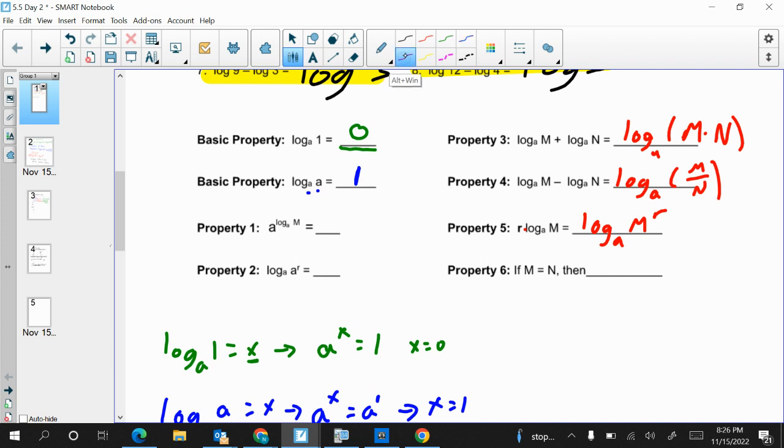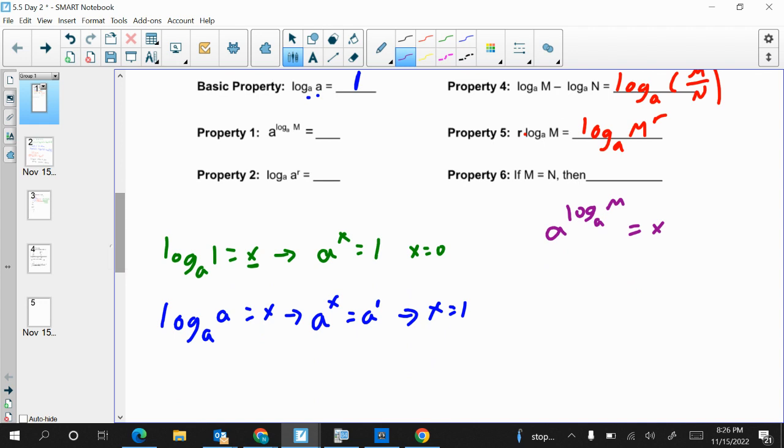Let's take a look at it, and then I'll also explain why we say the inverses are important. So we have log base A of A to the m equals x. So normally we could rewrite our logs, right? The base stays the same, and it would be A to the x equals A to the m.